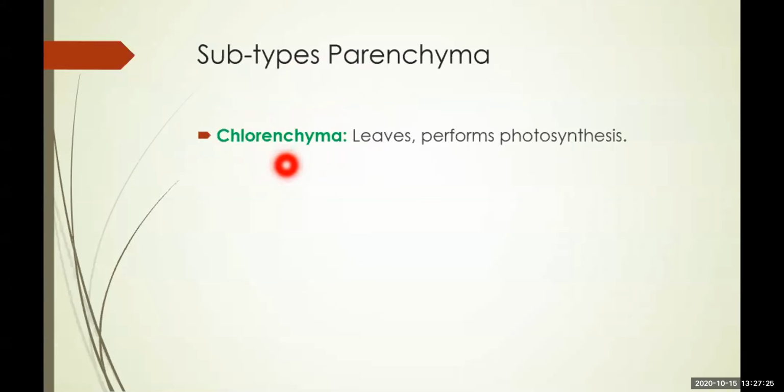You must be knowing chlorophyll is the pigment that is responsible for photosynthesis. Plants can trap the energy from the sun and convert it into starch, that is called photosynthesis. So, chlorenchyma is majorly found in the green leaves, hence they can perform the function of photosynthesis.